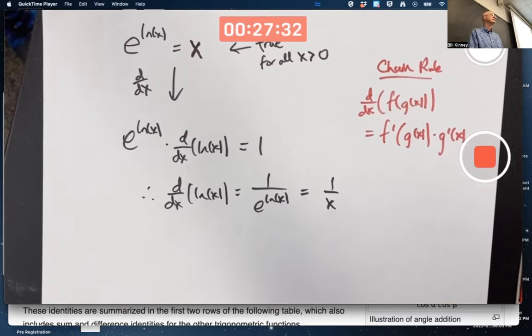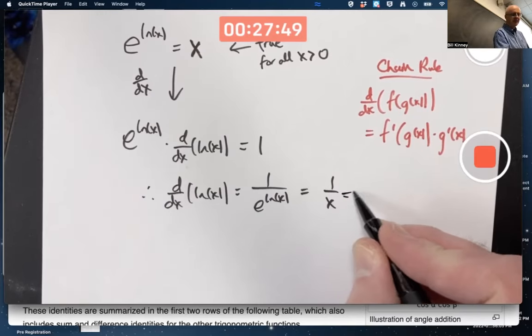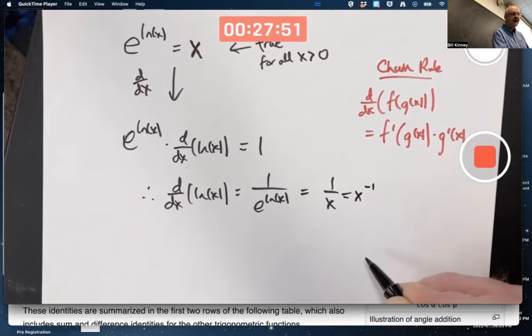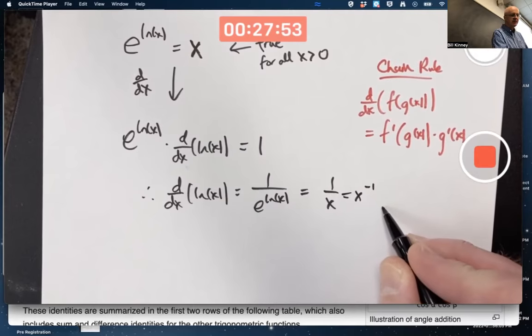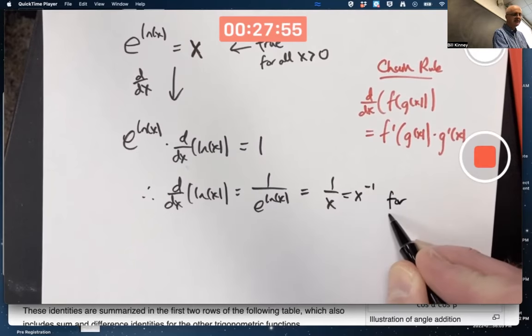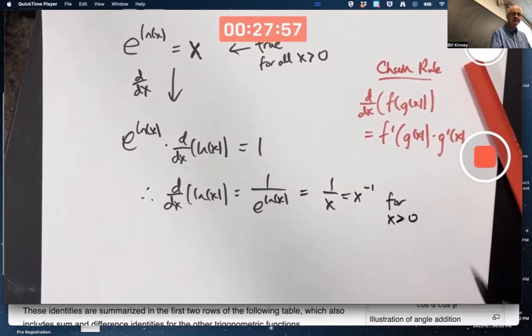A little strange, you might say, but true. It's kind of amazing. The derivative of the natural log function is a fairly simple function, 1 over x, or x to the negative 1 power. Though technically that's only true for positive values of x.